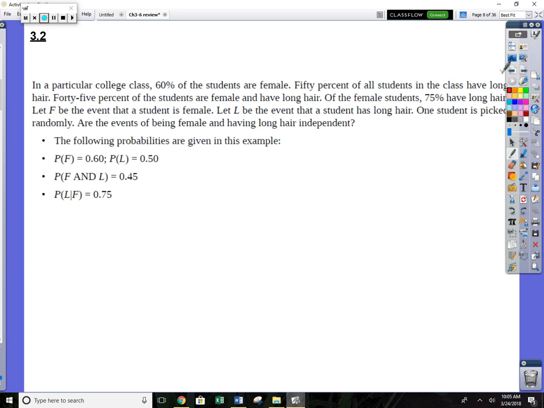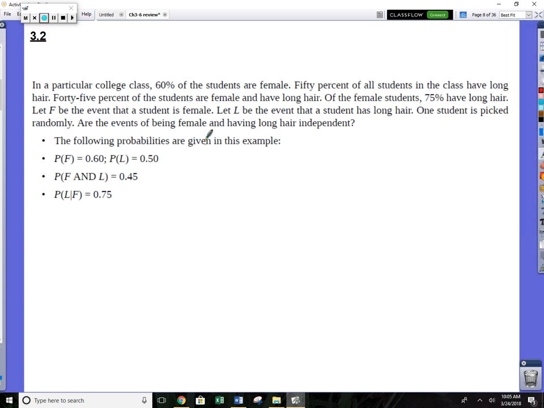Let's look at this guy right here. In a particular college class, 60% of the students are female. 50% of all students in the class have long hair. 45% of the students are female and have long hair. Of the female students, 75% have long hair.